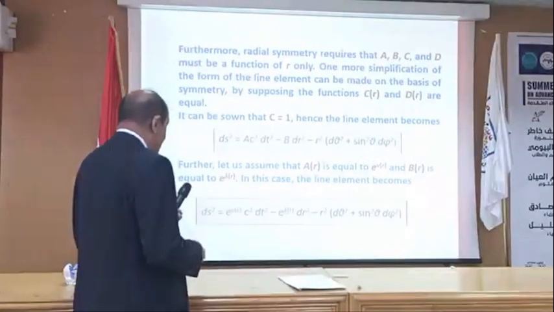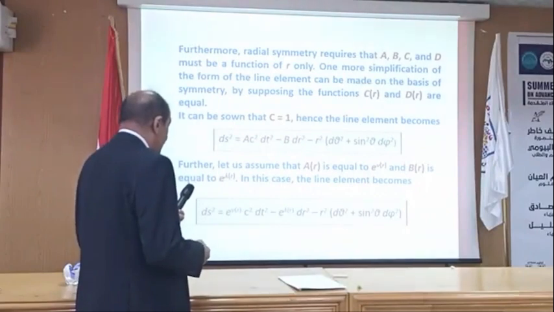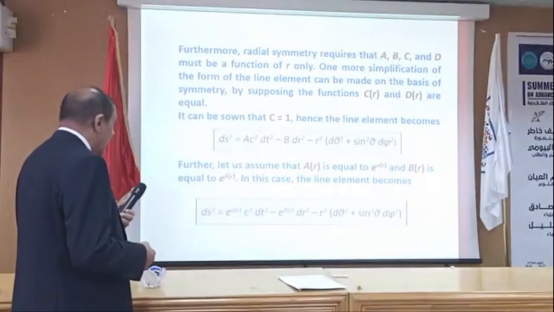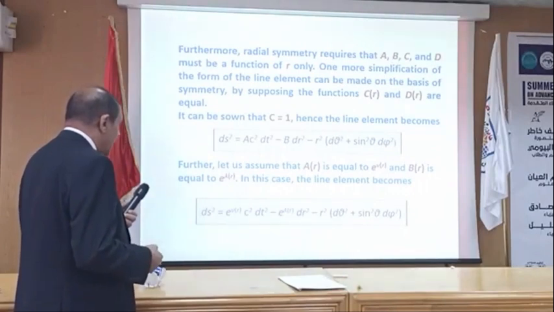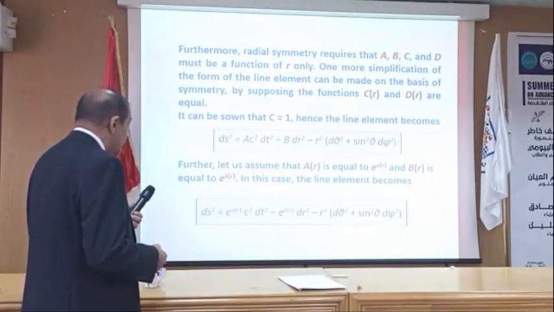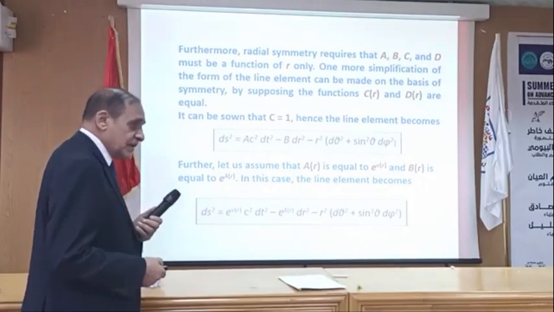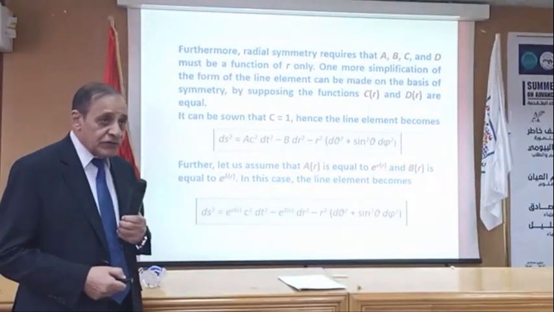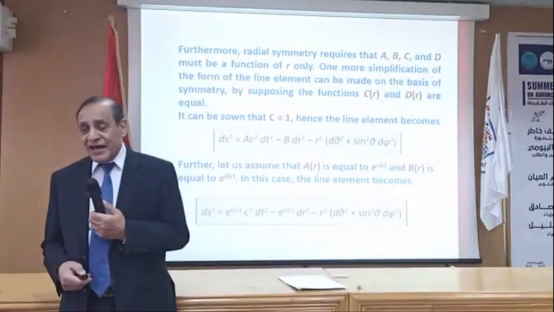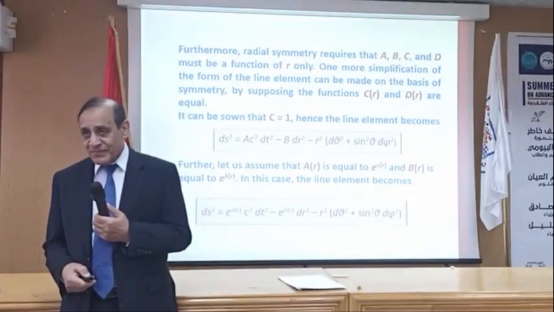ds squared, this is the line element, equal to A, c squared, B squared, etc. Now in this equation, I have A, a function of r, and B, a function of r. And the whole solution is to find what is A and what is B. If I find what is A, what is B, I almost solved the problem.